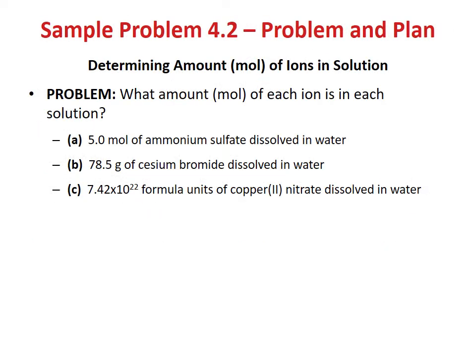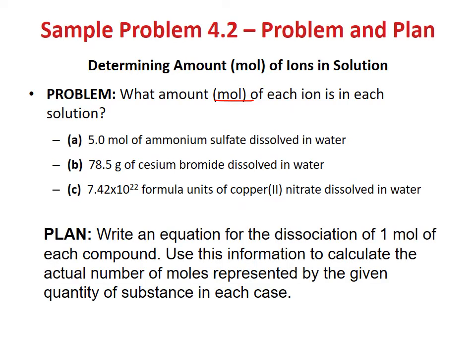Sample problem 4.2. What amount in moles of each ion is in each solution? A. 5.0 moles of ammonium sulfate dissolved in water. To answer this question, we need to write an equation for the dissociation of 1 mole of ammonium sulfate, and then use this information to calculate the actual number of moles of the ions generated by 5 moles of ammonium sulfate.